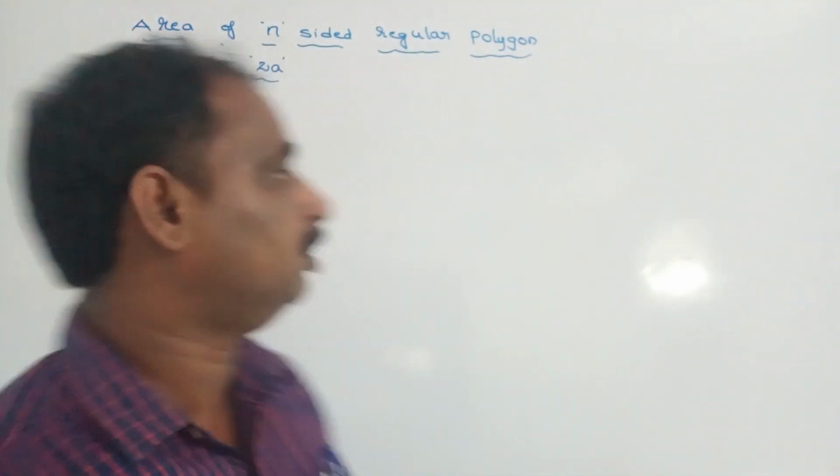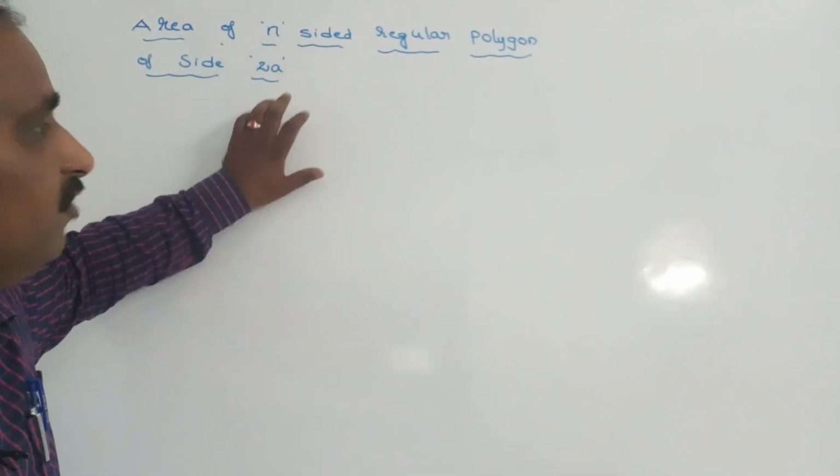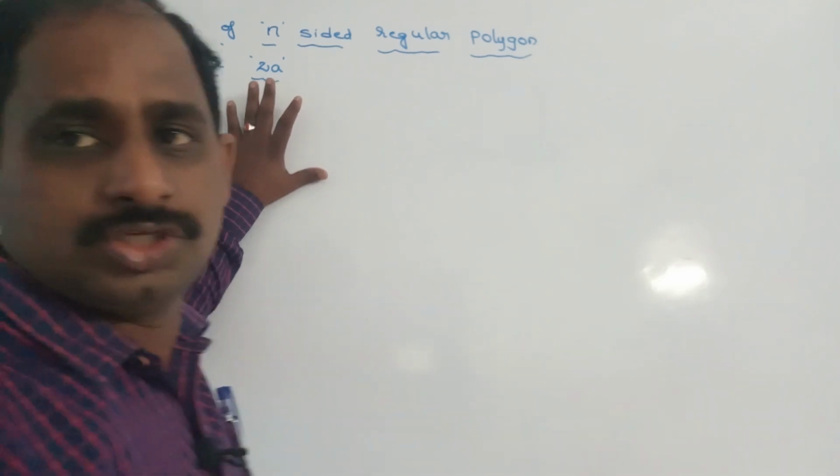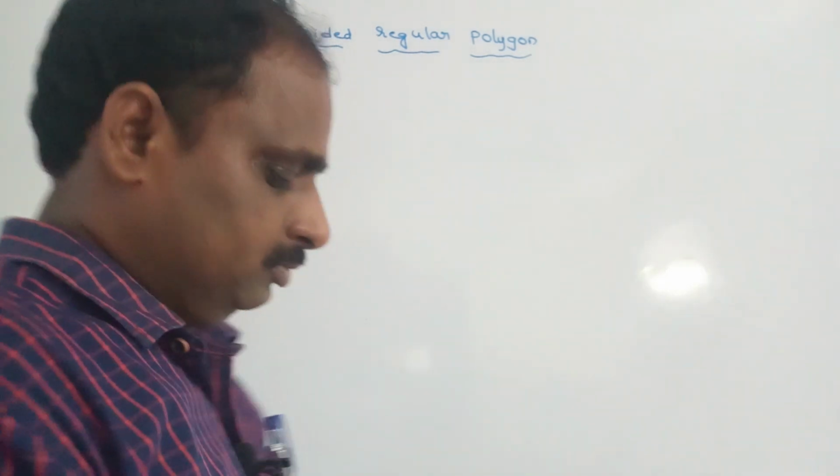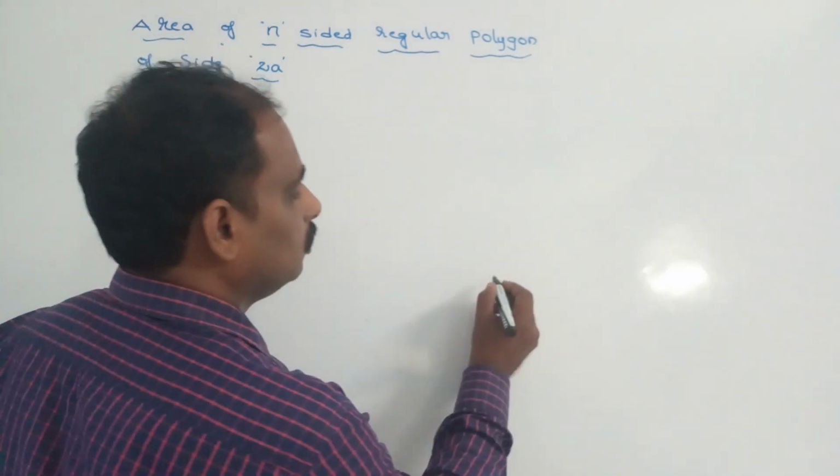Now I want to find out the area of a regular polygon with n sides where each side measures 2a. Let us see the solution.